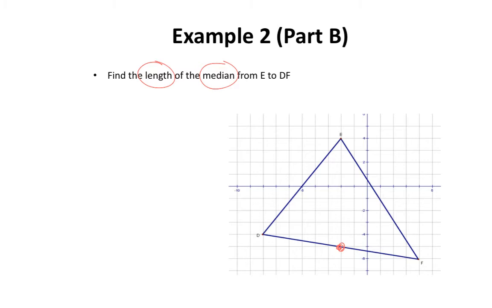I'm going to call this new point G. And if you recall, you can indicate that DG and GF are equal in length with a line like so. And I'm just going to draw a dotted line to show you what we're trying to figure out. So we want to figure out the length of that dotted line.